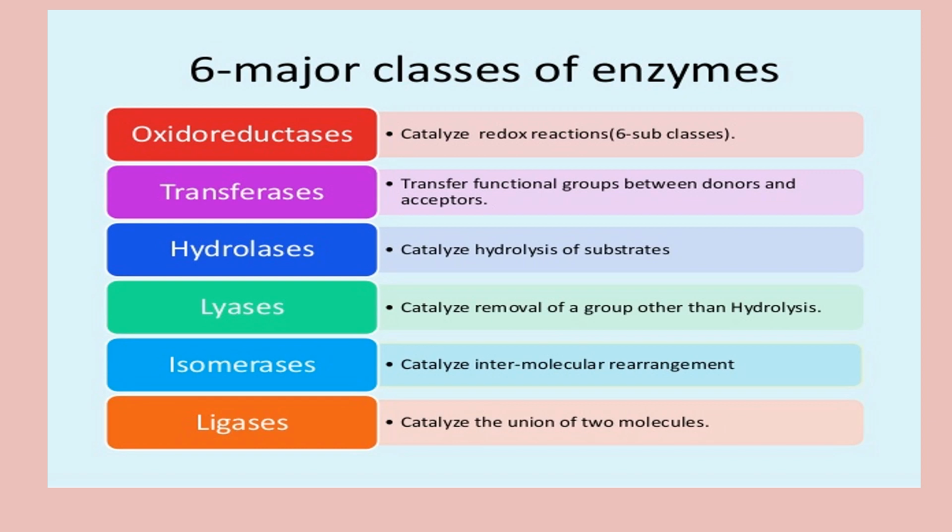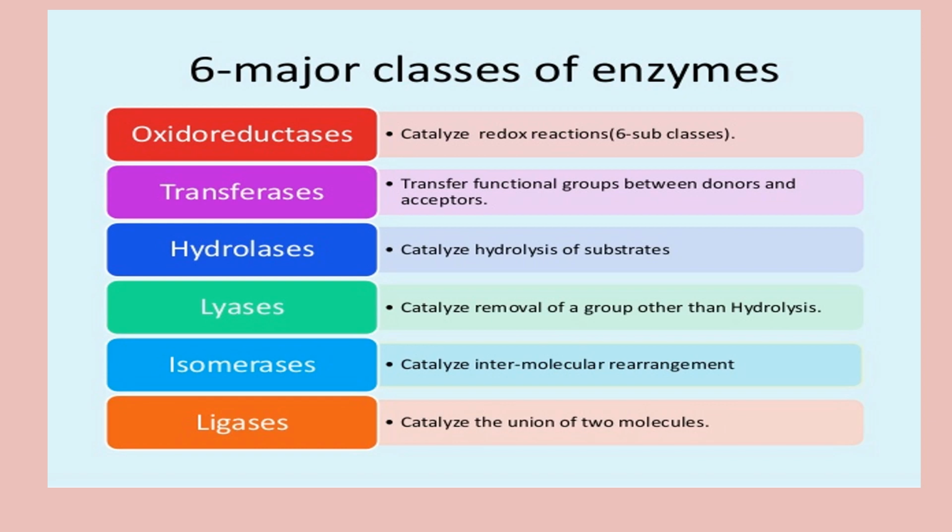So as you can see, oxidoreductases will catalyze oxidation reduction reactions, which are also called redox reactions. Transferases are a class of enzymes which can transfer functional groups between donors and acceptors. The class of enzymes called hydrolases will catalyze the hydrolytic reactions or hydrolysis of the substrates.